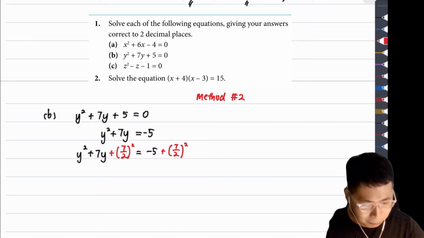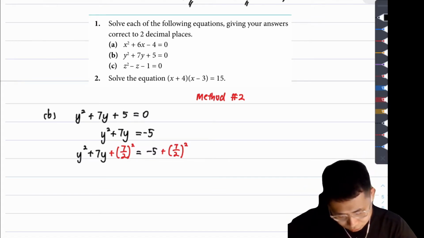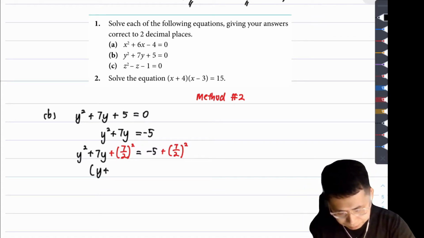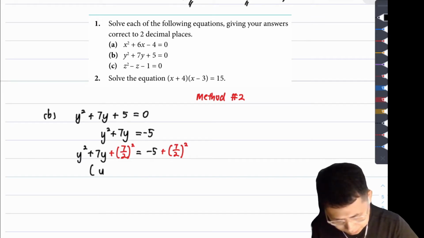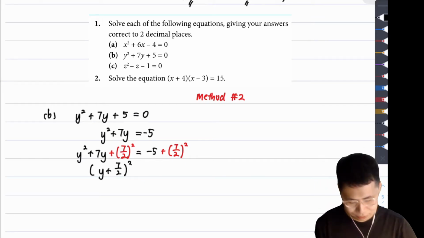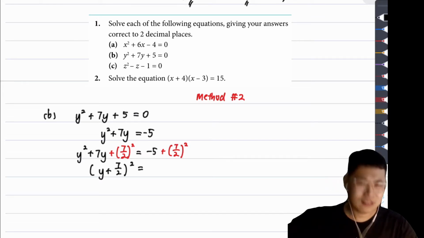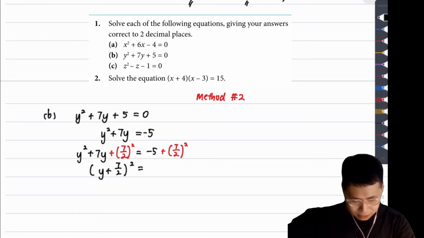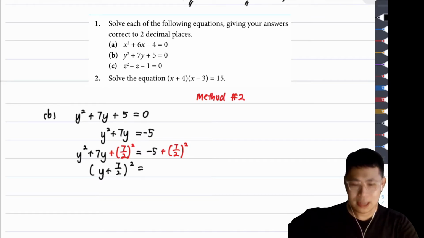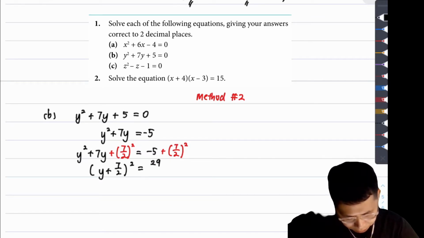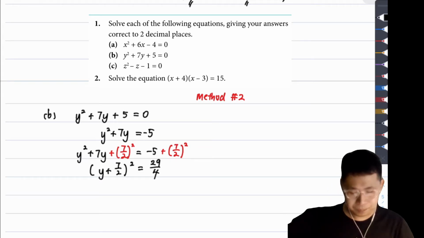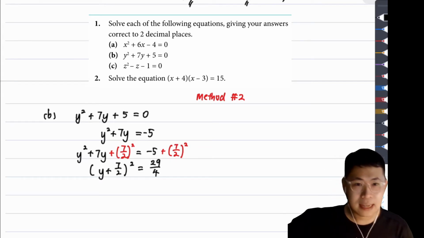Then we complete the square for the left hand side. On the left we have y plus 7 over 2 squared. On the right, just use the calculator. Negative 5 plus 7 squared over 2 squared is 29 over 4. Just nice.